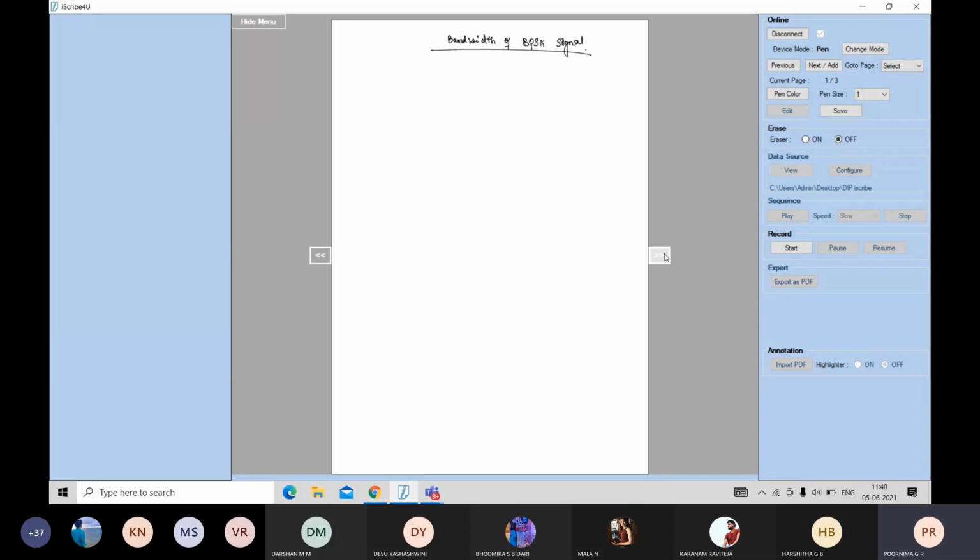Whenever you start the computation of bandwidth of any BPSK signal, we need to find out the spectrum of the BPSK signal.